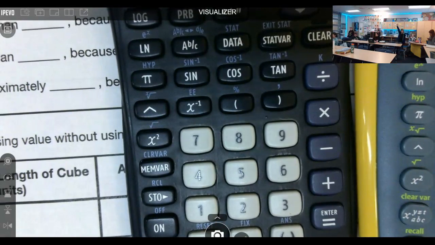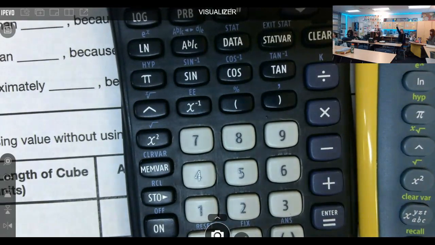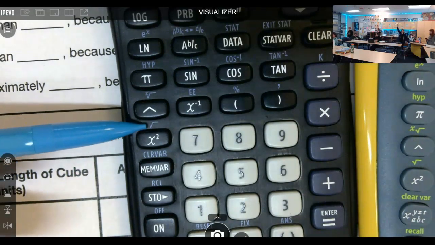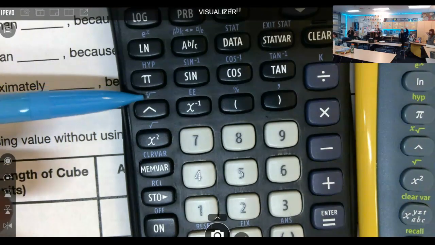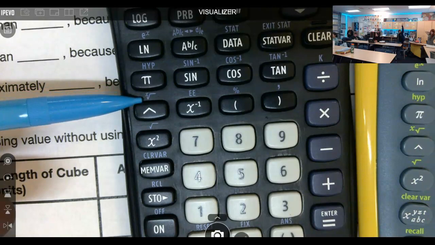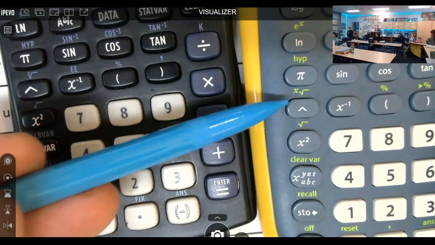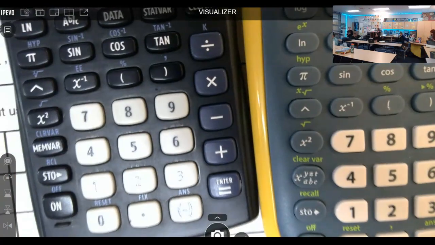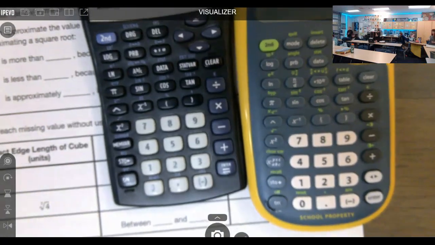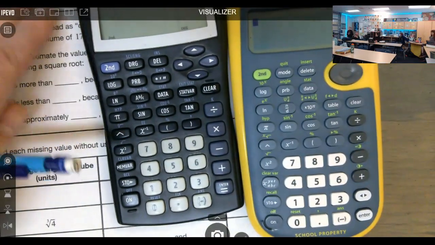Hold on, pause. Does everyone see the symbol that, instead of square root, is the xth root? It's there or it's here. Right? The xth root. Wait, Arlo, you had started by saying you start by hitting second, but then I think you changed your mind. Yeah, because I forgot a step.